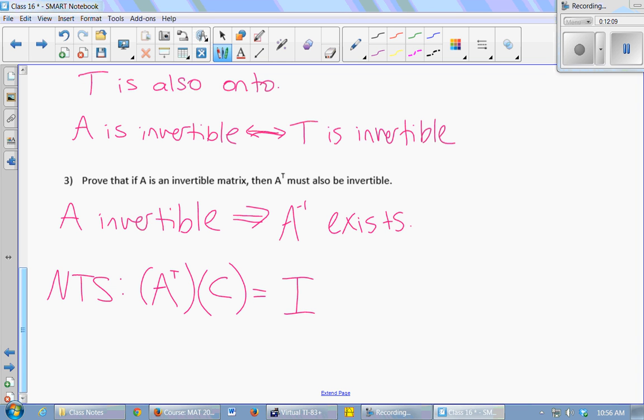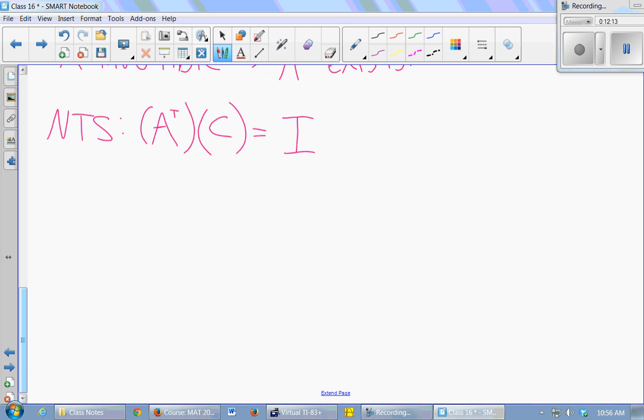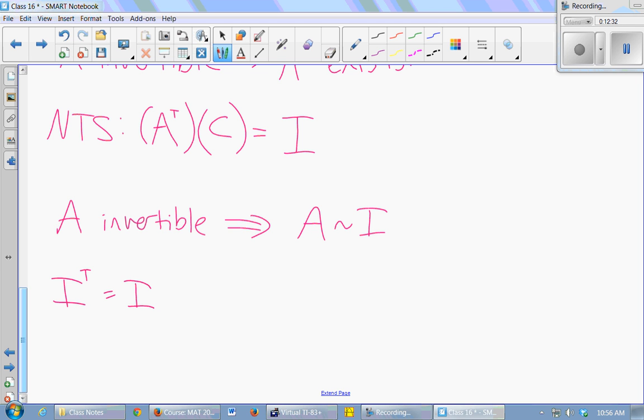That's a great proof, and it's way better than the one I was going to do. So let's do that. A invertible implies that A is equivalent to the identity matrix. And the identity matrix transpose is still the identity matrix.